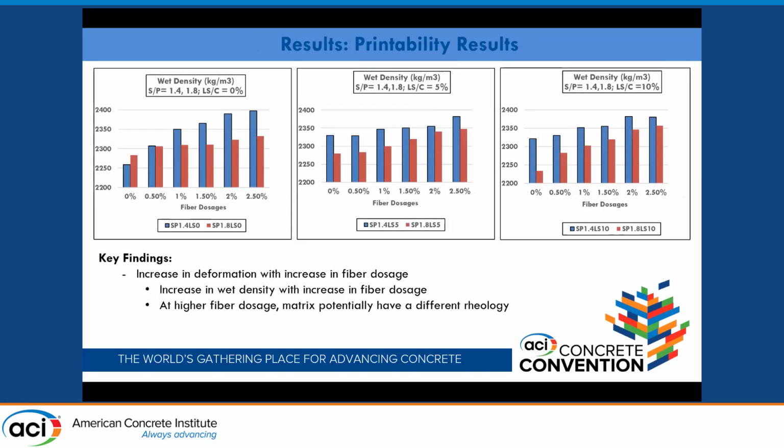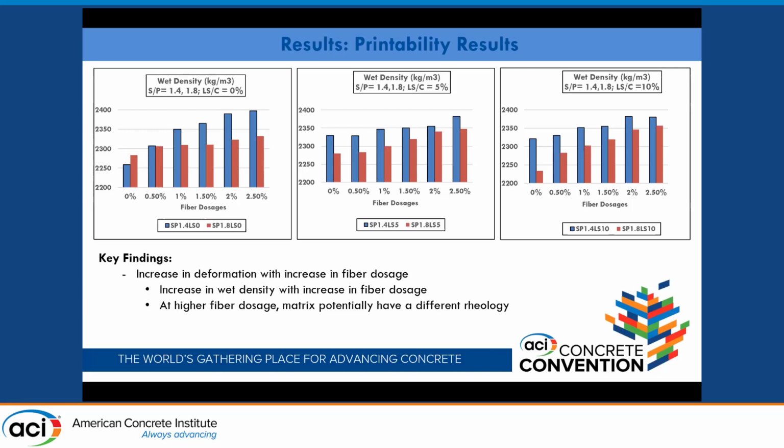Then taking a deeper look into why we were observing more deformation as we increase fiber dosage, we've seen that as we increase the fiber dosage, the wet density actually increased, as you can see in the chart shown here. This translates to more superimposed load on the bottom layer when you print.